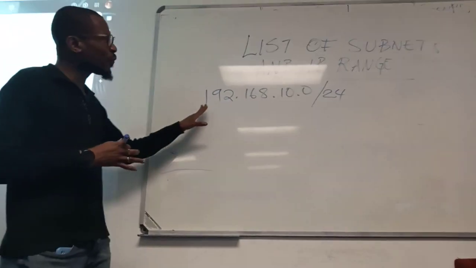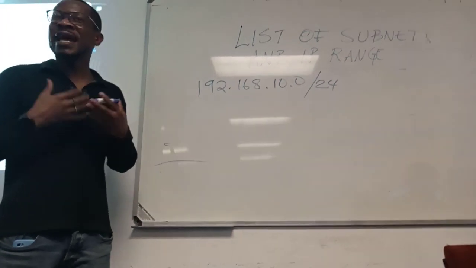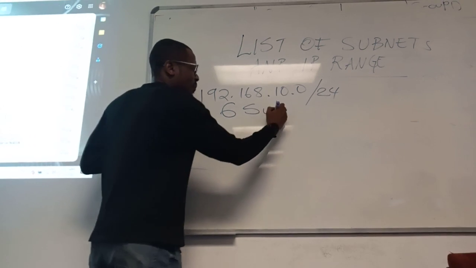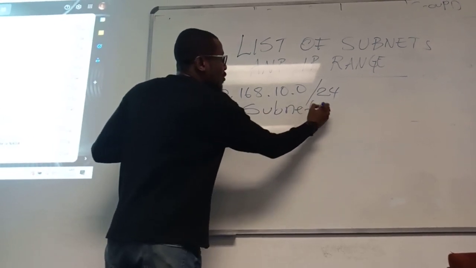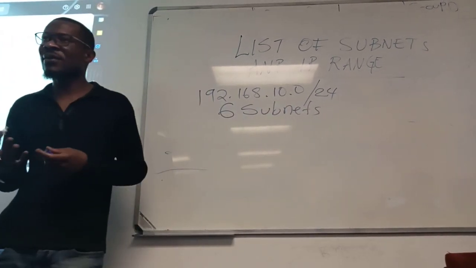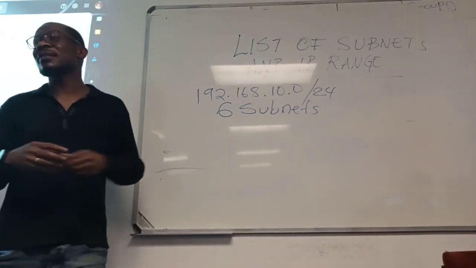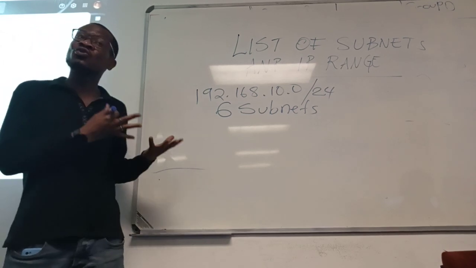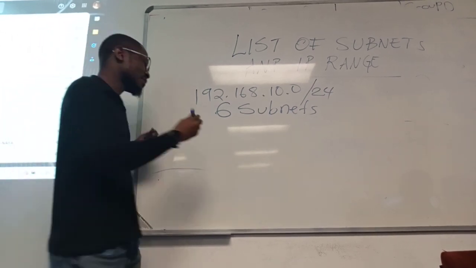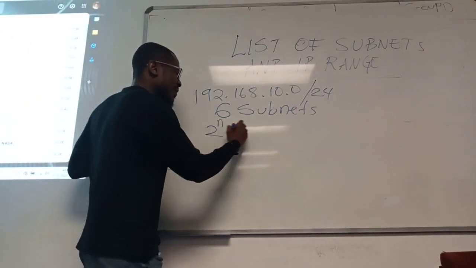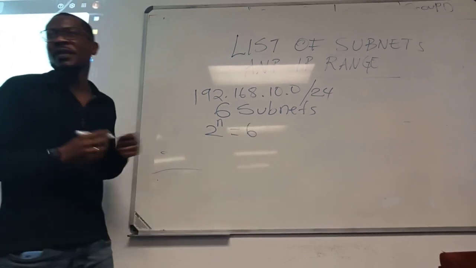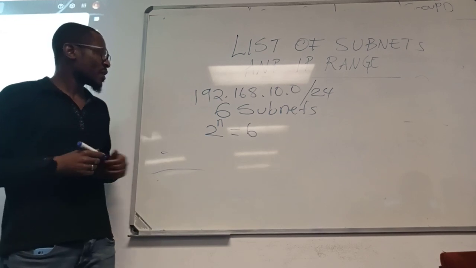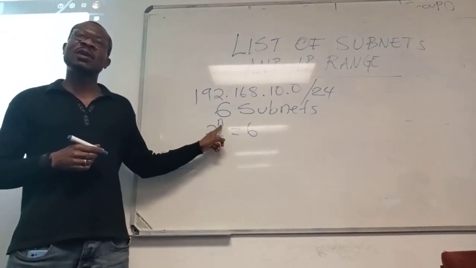Now, what we're gonna do from here? Let's say we want 6 subnets, according to the requirement of the business. So we go back to our formula: 2 to the power of n must be 6 or over 6. When we pick 2, it's going to be less than 6.